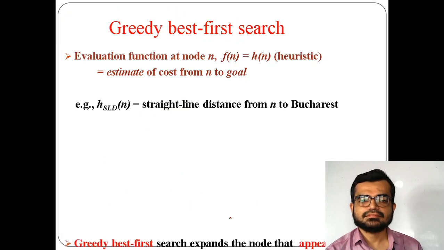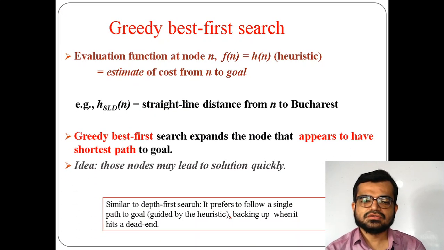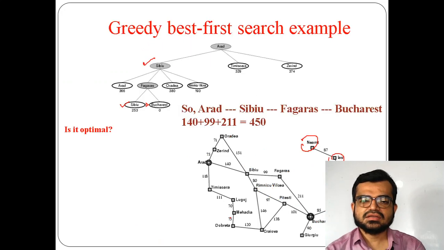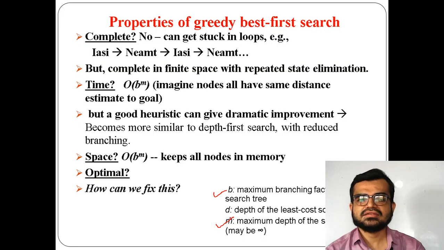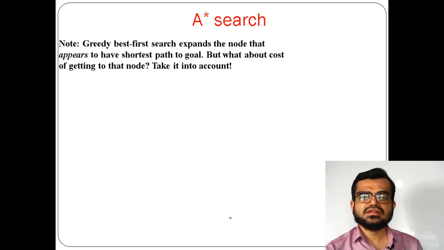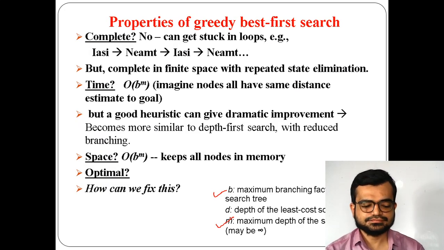So this is what we discussed, and what problems we also discussed: in the worst case the space complexity is a drawback, as well as the time complexity, and completeness is also not there in all aspects. So this is the problem, and we have to fix these problems through the next approach, A star search. Thank you.